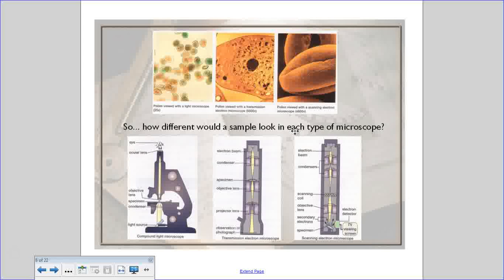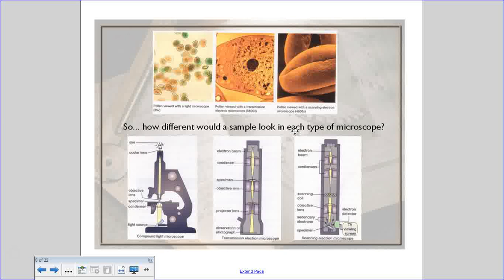If you wanted to see the whole thing, or if you were dissecting it, or if you wanted to see the three-dimensional unit of it, maybe looking at the digestive tract of something, then you would want the dissecting or stereo microscope. But if you wanted to watch it swim around and it was really tiny, then you would probably be using the compound light microscope.